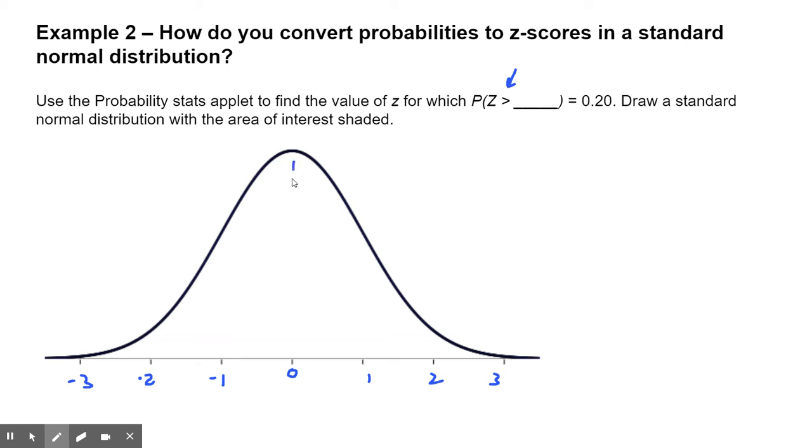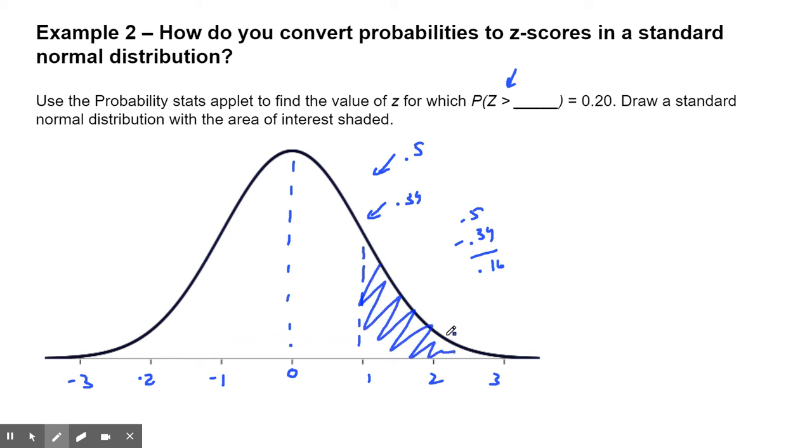So again, if you draw here, that is half, or 0.5. If you draw here, this is 0.34. Okay, just this area. So if you actually subtract those two, 0.5 minus 0.34, that's 0.16. So this right here is 0.16.